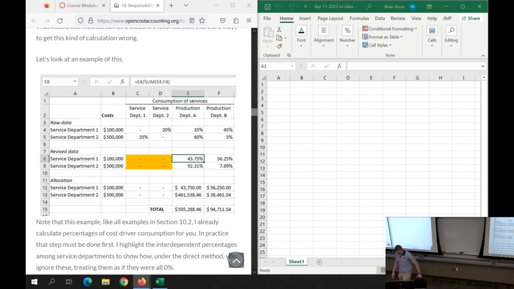So let's talk about the direct method. The short answer is that the direct method ignores interdependency. The first idea, just to go over one more time, the idea of service department cost allocations is you're trying to assign responsibility to the appropriate parties. And you have these production departments that are actually producing the things you sell.